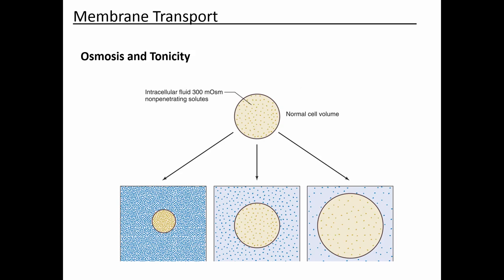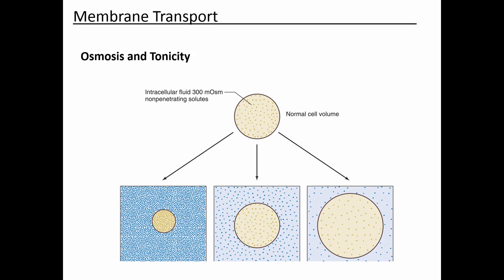So again, a useful way of thinking about hypo, hyper, and iso in this case is that these prefixes apply to the concentration of solute in the solution relative to the concentration of solute on the inside of the cell. So in a hypotonic solution, the solution has a lower concentration of solute compared to the concentration on the inside of the cell.